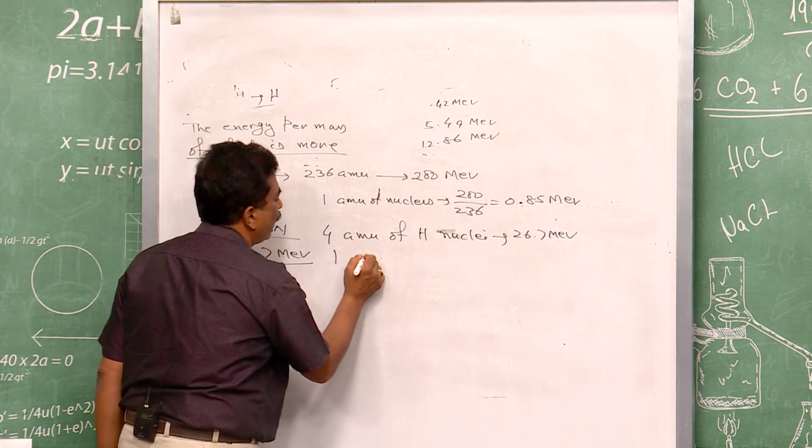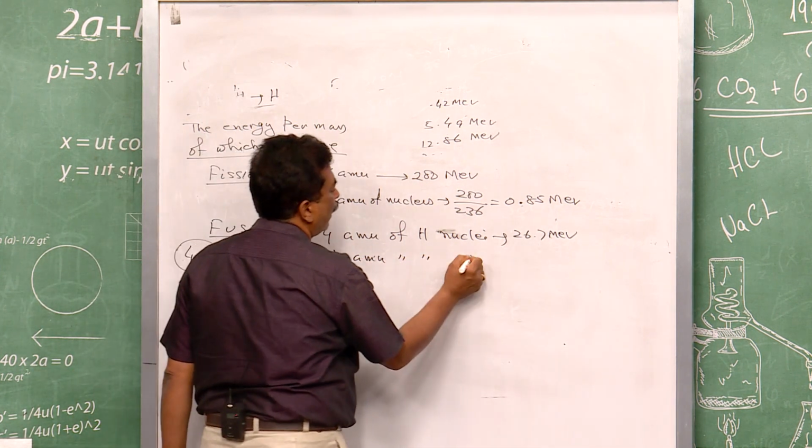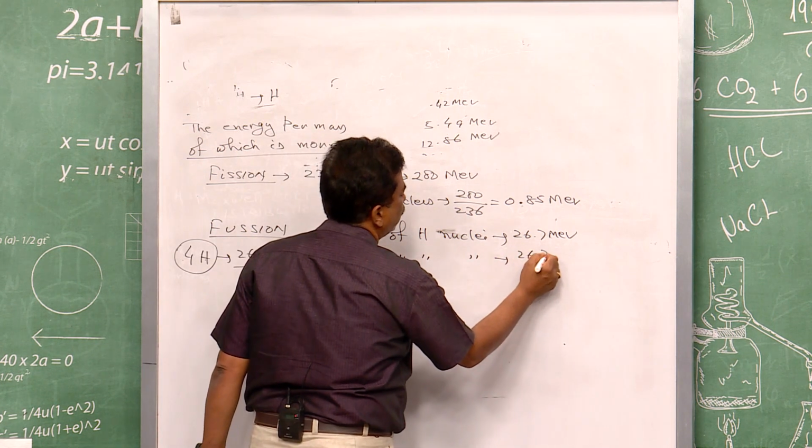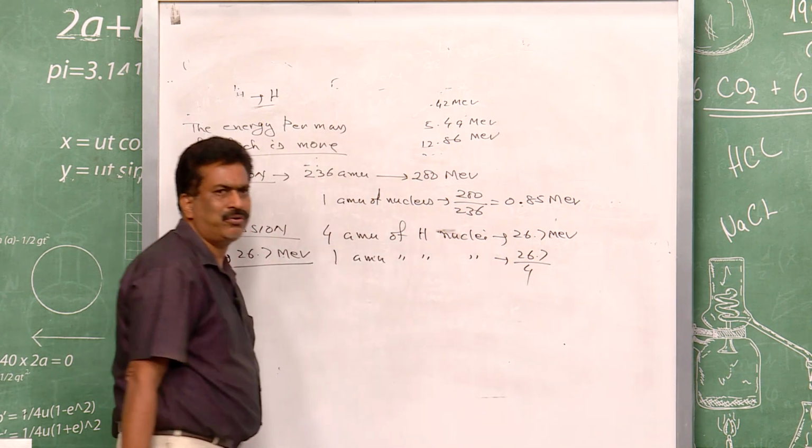Then for 1 AMU of hydrogen nuclei, 26.7 by 4.